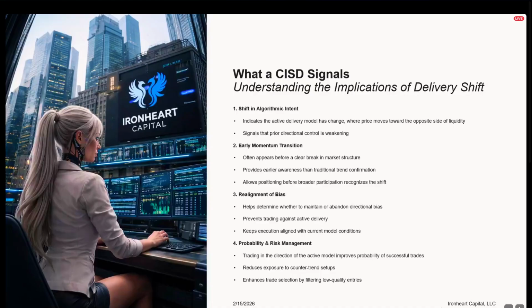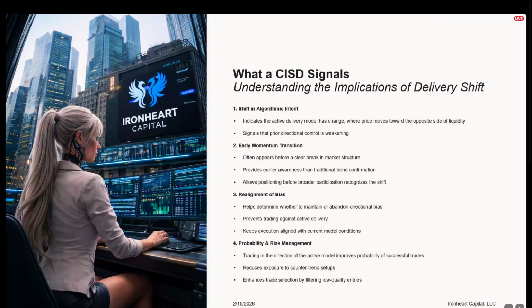It also allows you and helps you to determine your realignment of bias, right? So if you are short and you see a bullish change in the state of delivery, it's time to get out of your short or close your puts, right? It allows you to make the decision to abandon your directional bias.